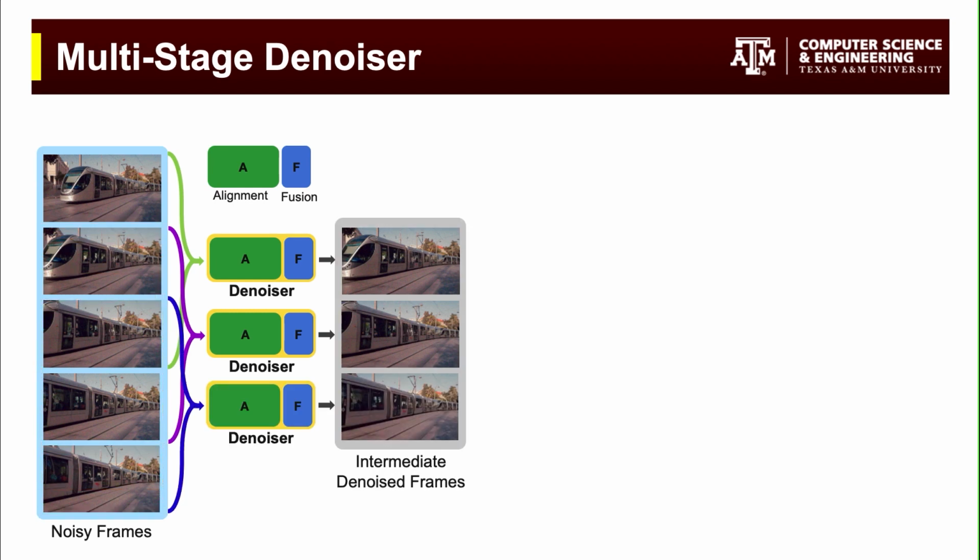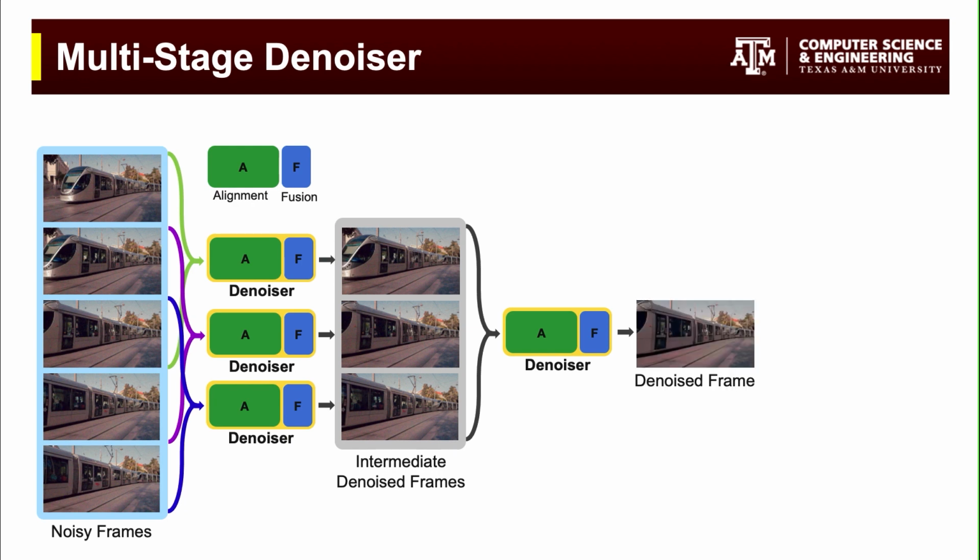The intermediate denoised frames are then used as input to the denoiser in the second stage to generate the final denoised frame. In this way, the denoised frame is obtained by combining the information of 5 neighbor frames, but each denoiser only processes 3 consecutive frames, thus avoiding aligning temporally distant frames.